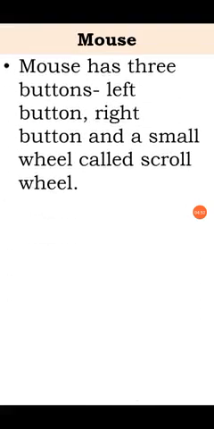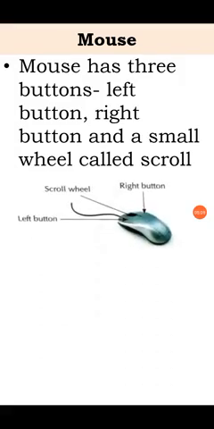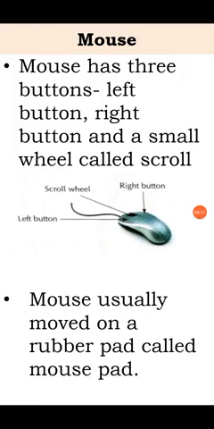Next input device is mouse. Mouse has 3 buttons: left button, right button, and a small wheel called scroll wheel. See the image of the mouse and its 3 buttons. Mouse usually moves on a rubber pad called mouse pad.